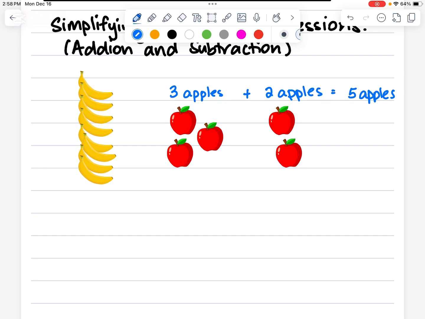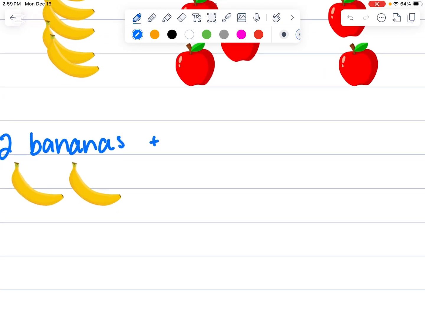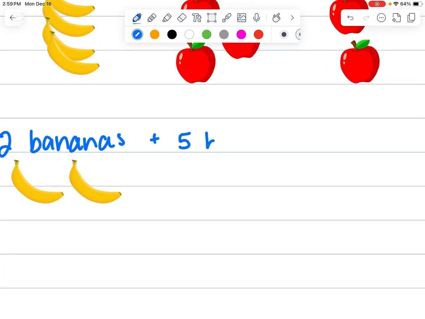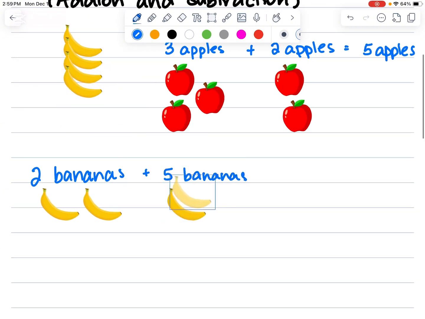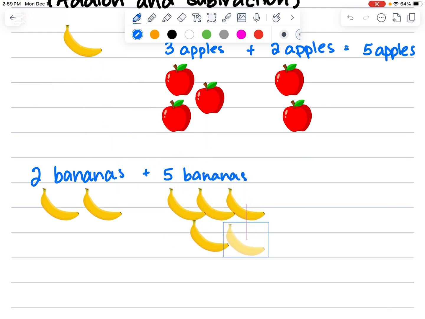What if we talked about, okay, we went to the fruit aisle and now we actually need some bananas. So let's say I have 2 bananas. 1, 2. And I decide, you know what? I need to grab 5 more. Okay, so did I print some extra? 1, 2, 3, 4, 5.